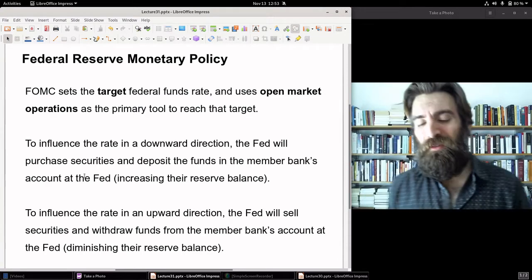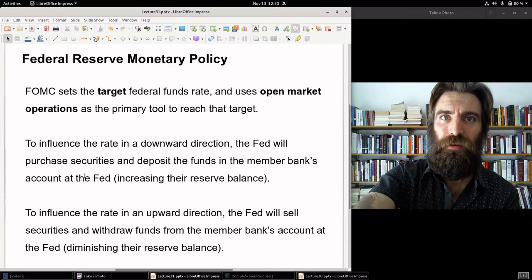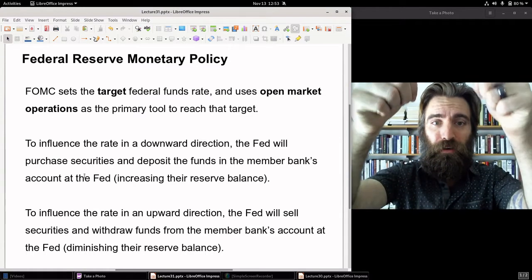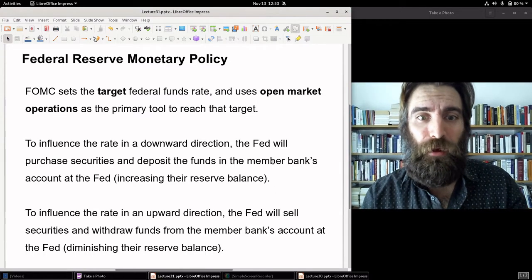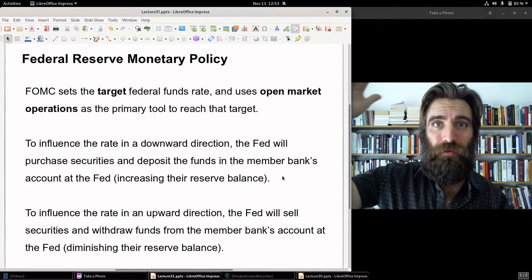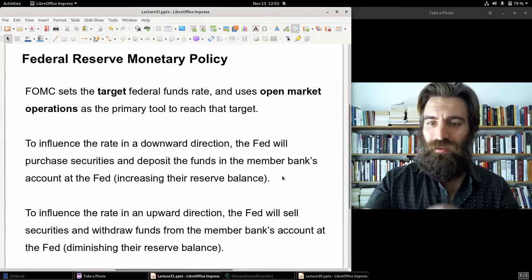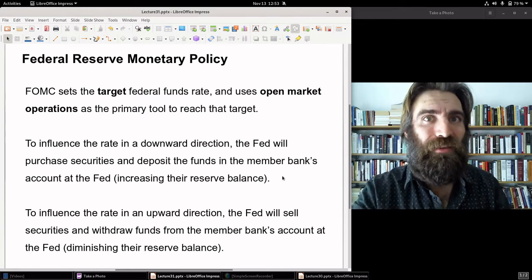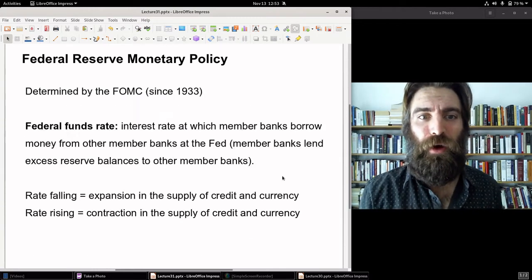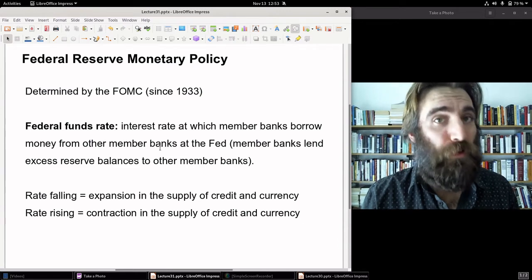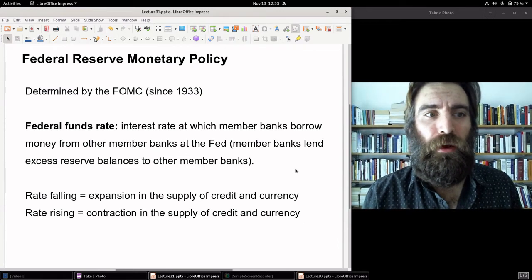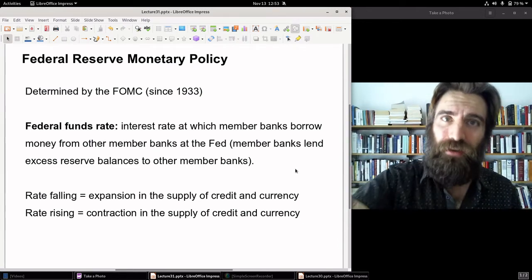So the Fed purchases these securities, that increases the reserve balance of the member bank. Now that they have greater reserves at the Fed, they're more willing to lend to other depository institutions, to other member banks, which causes the effective federal funds rate to fall.